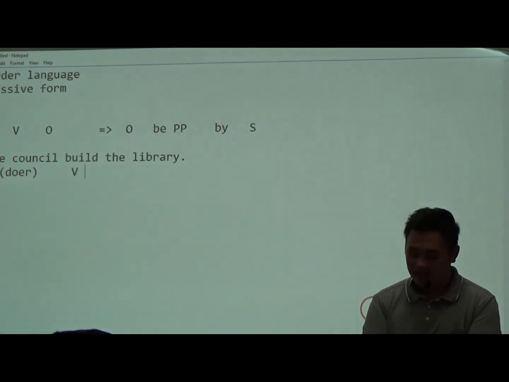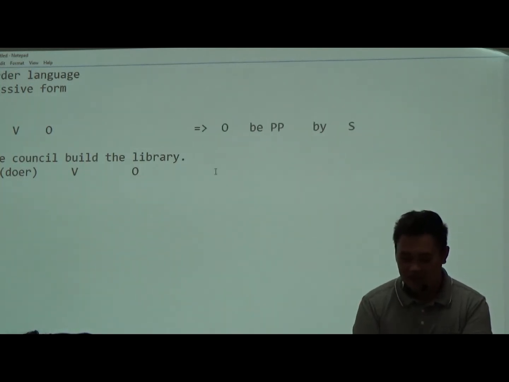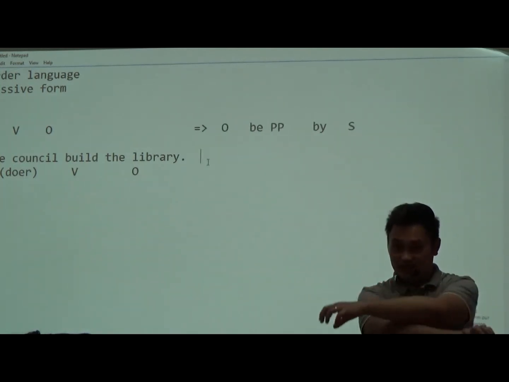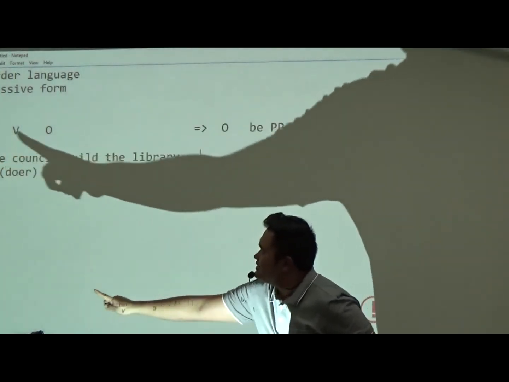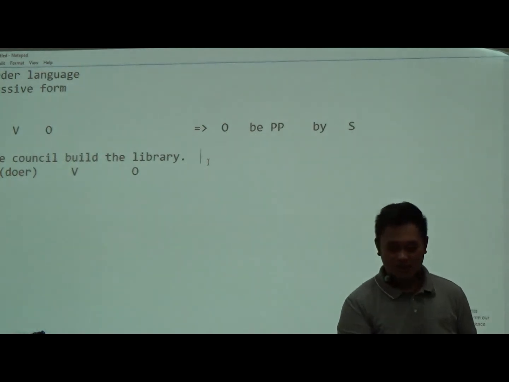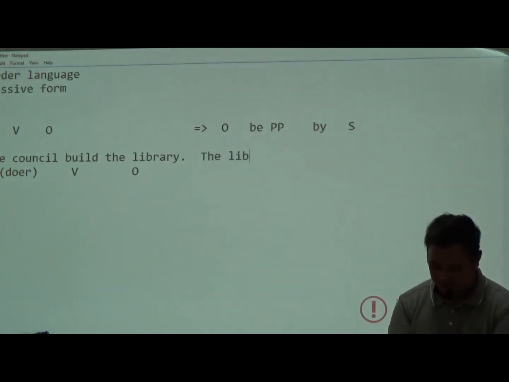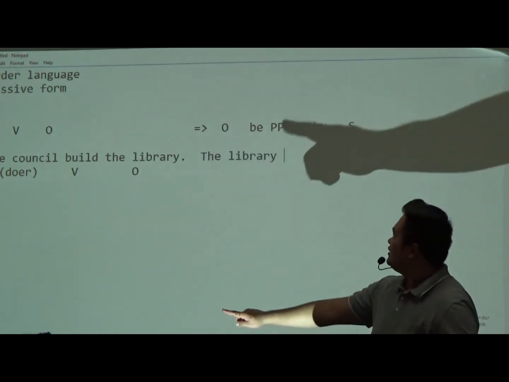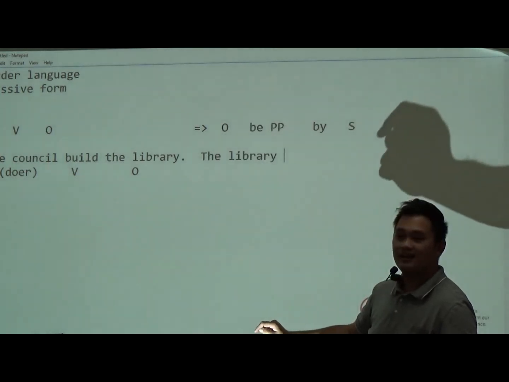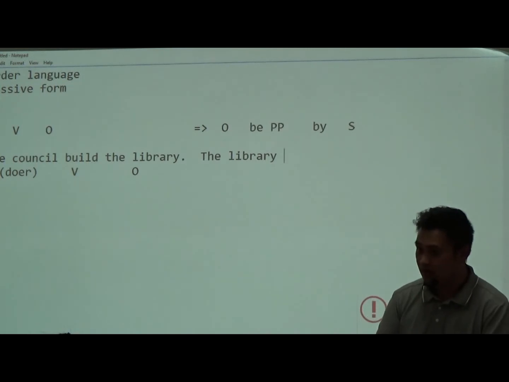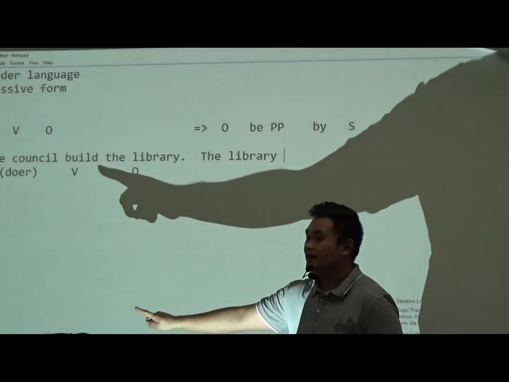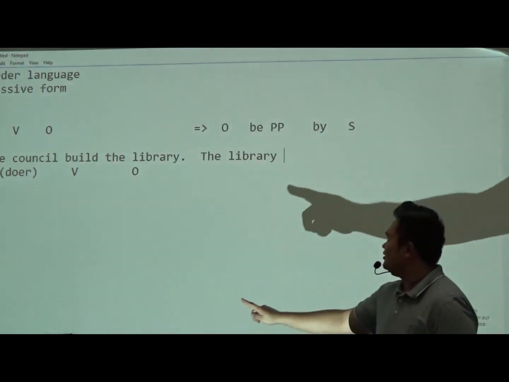Now, build, 동사, library, 목적어. If we want to use passive, how do we do it? We change the order, right? O changes, S changes. So what is our O? The library. Then be verb, is or was.